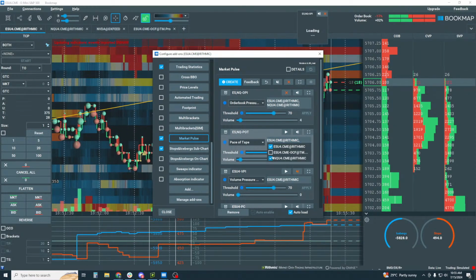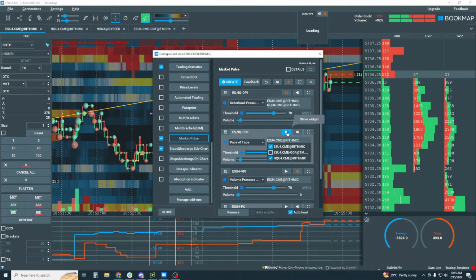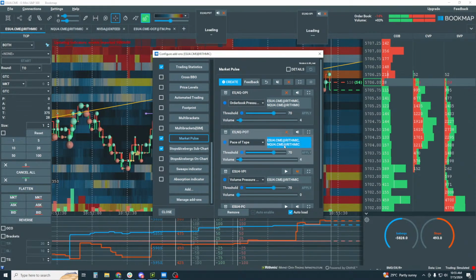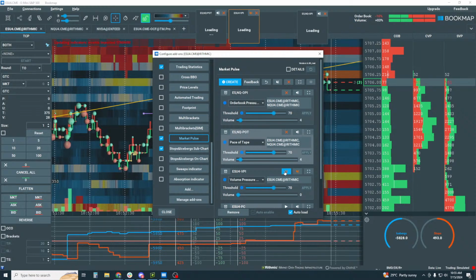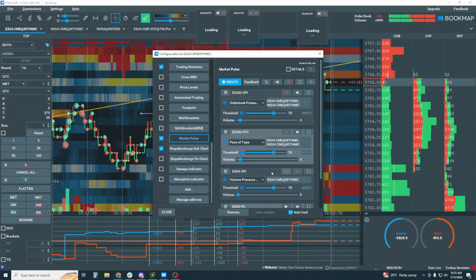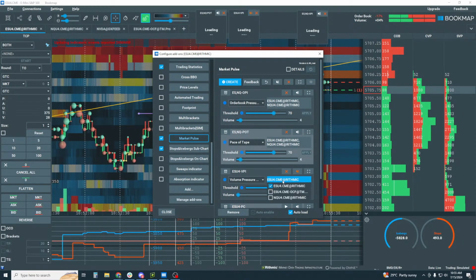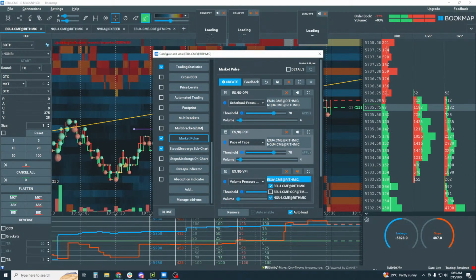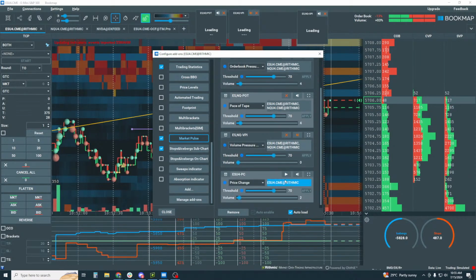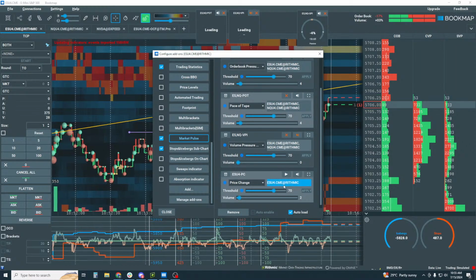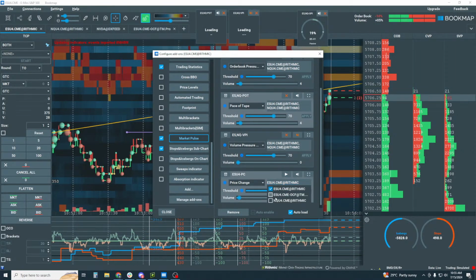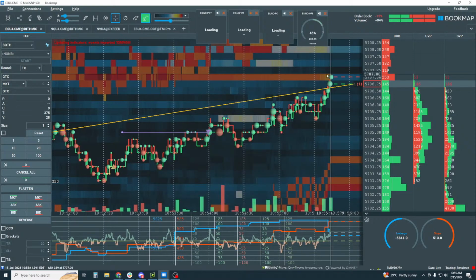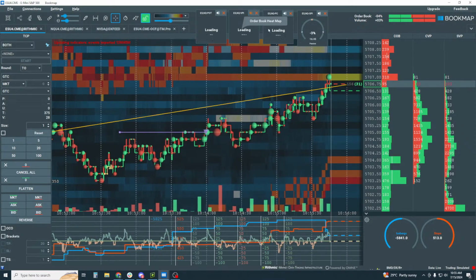And here's the NQ for the pace of tape. And then also for the volume pressure in here, we're going to add the NQ. And also for price change, add the NQ.